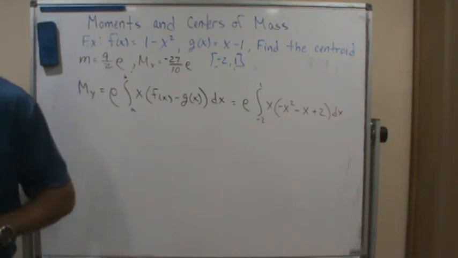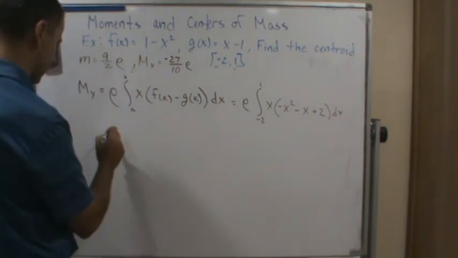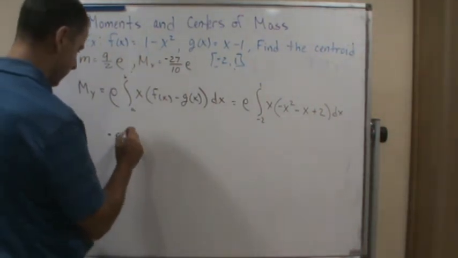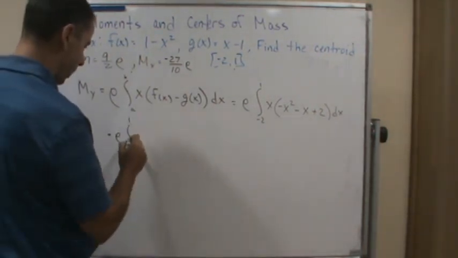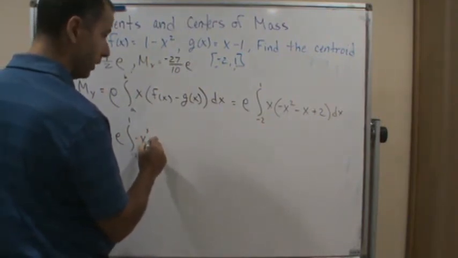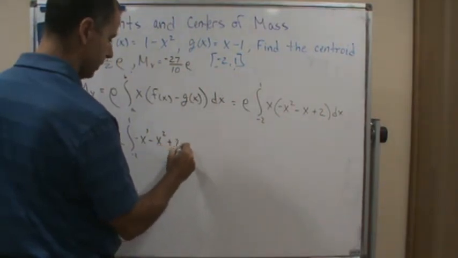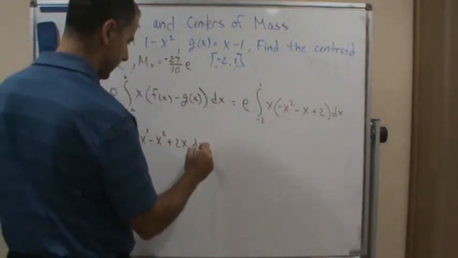Okay, we know that from before. And so now if we distribute the x, this becomes the integral from -2 to 1 of -x cubed minus x squared plus 2x dx.